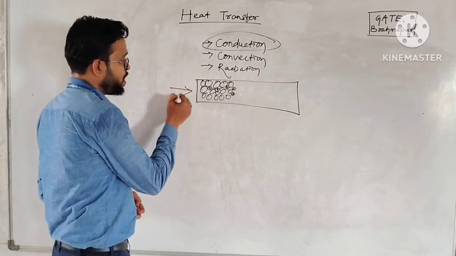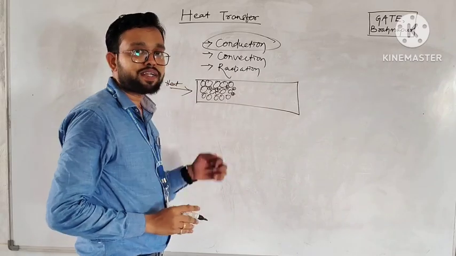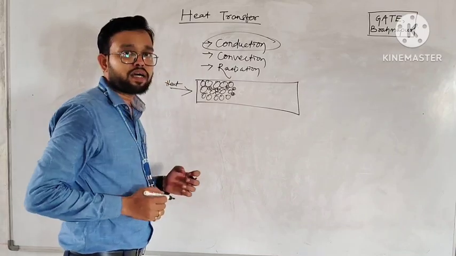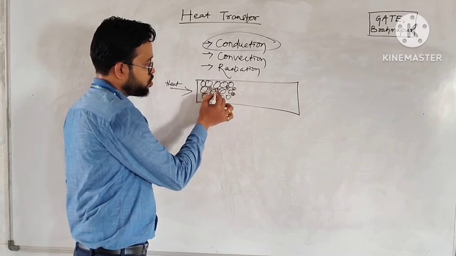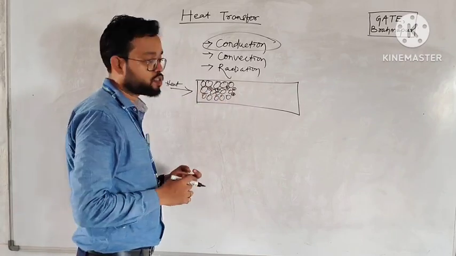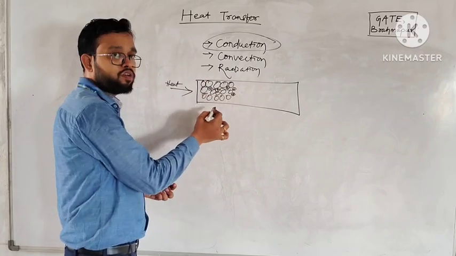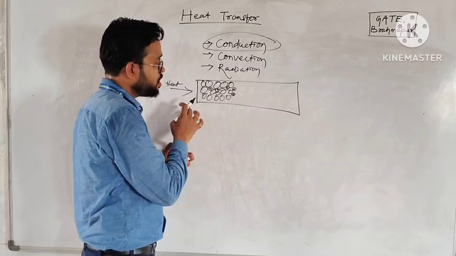So when we provide heat on one side of the material, due to the energy transformation, the free electrons get charged and start to move faster.